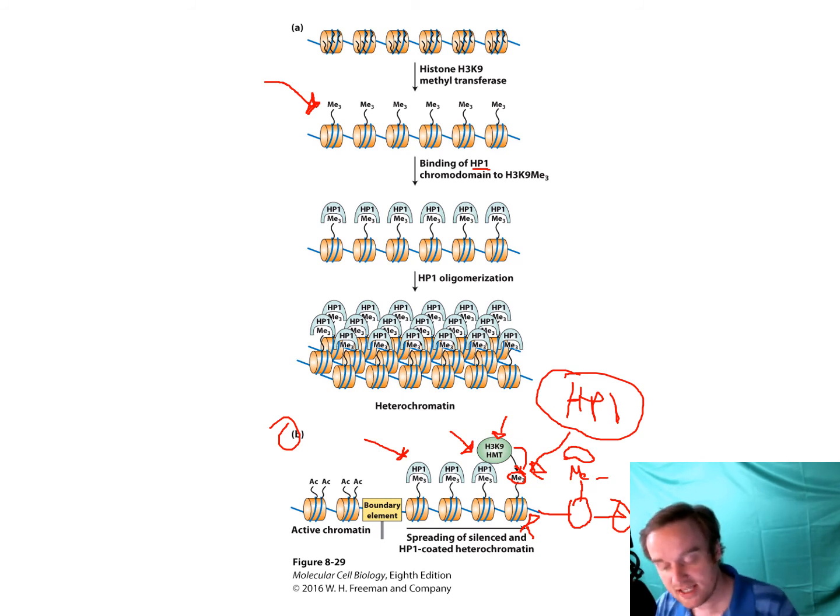And this can proceed continuously until we reach this boundary element. So this boundary element here is a position within the DNA where histones and nucleosomes don't form, but other proteins come and bind to prevent this continued chain reaction of binding up the nucleosomes with this HP1 protein.